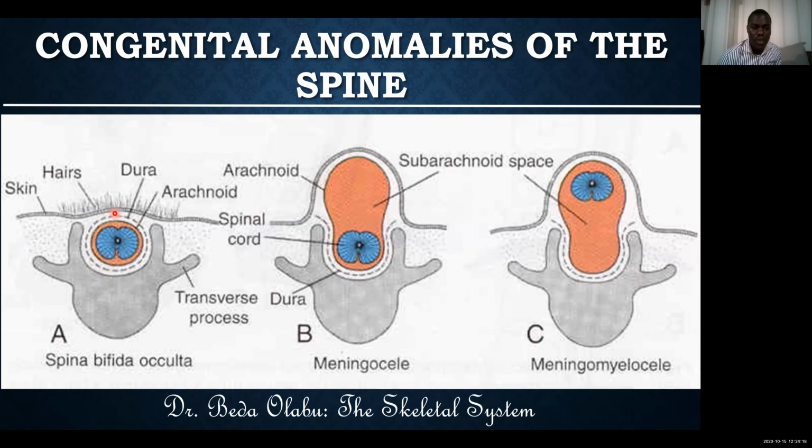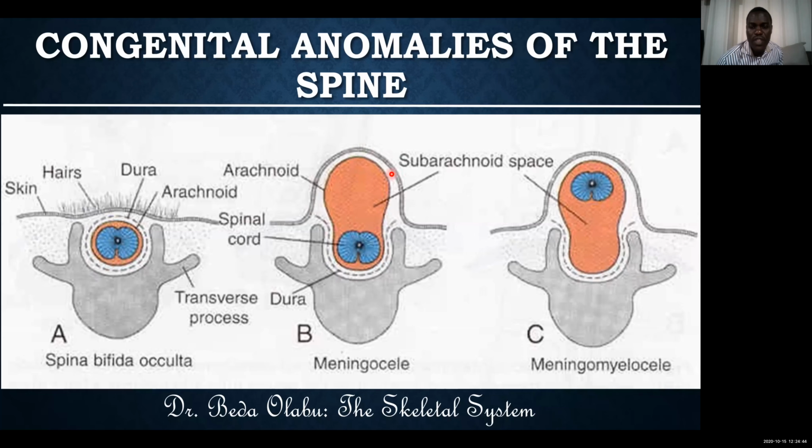The vertebral arc or the neural arc has a defect, it's not complete. If it has a defect, but there's no swelling on the skin, then we call it spina bifida occulta. The term occult means hidden. If there is a defect, yes, and there's a swelling, then we call it cystica. So this one and this one are spina bifida cystica.